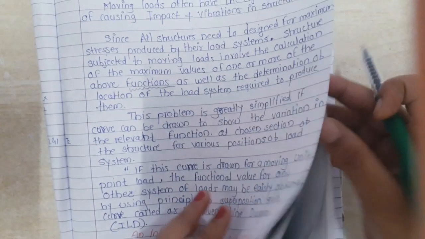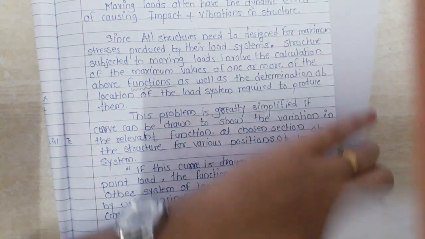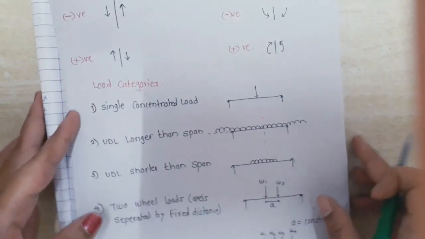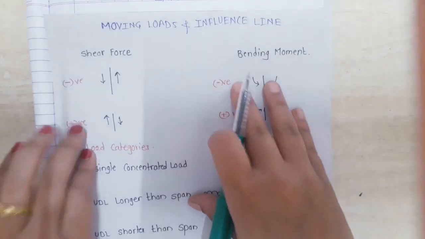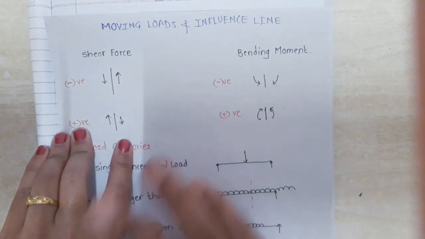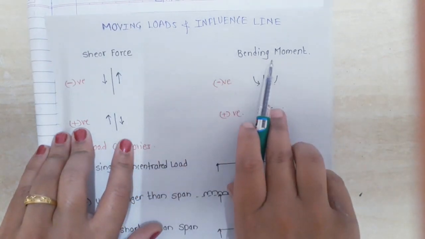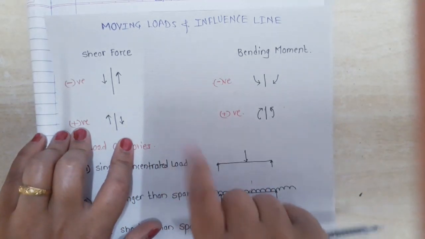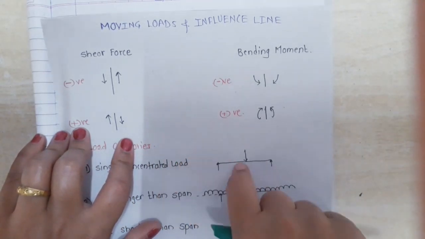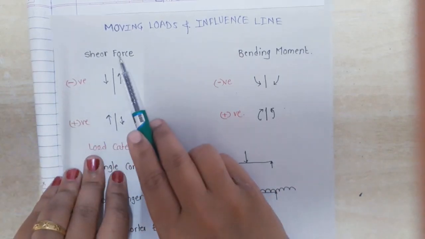The first is to find out the actual sign conventions which occur in a structure. First one is shear force, second one is bending moment. These two forces are very important to find out the variation in that structure. For that, we need to know the actual sign convention. First one is shear force.